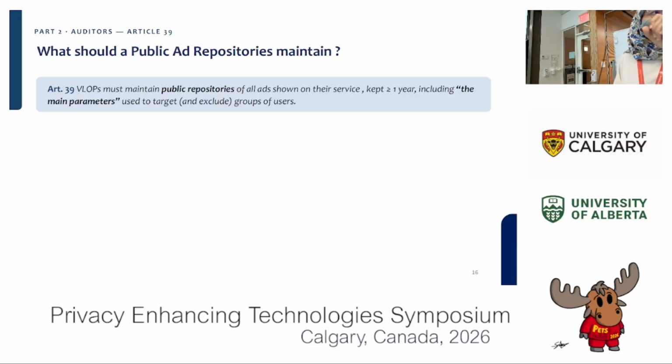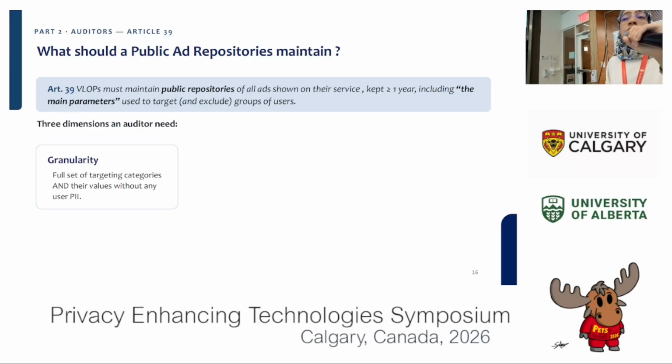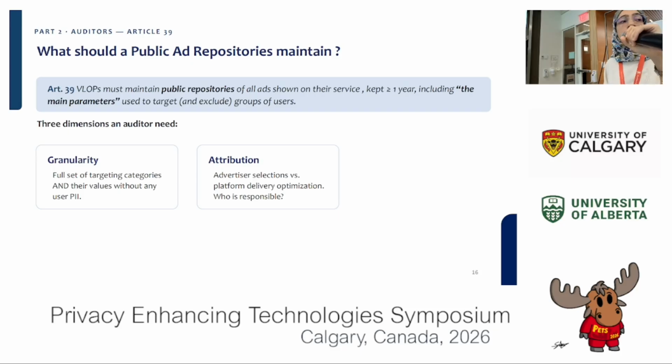Article 39 of the DSA says that ads in the repository must include the main parameters used to target or exclude users. This could be translated to granularity, by stating the full set of targeting attributes used for an ad campaign, and attribution, which criteria are selected by the advertiser versus the platform optimization algorithm.